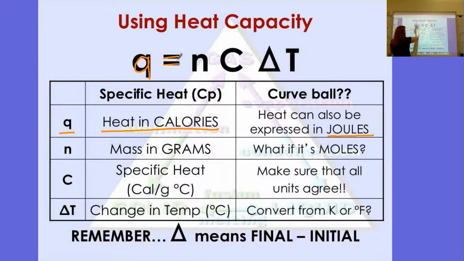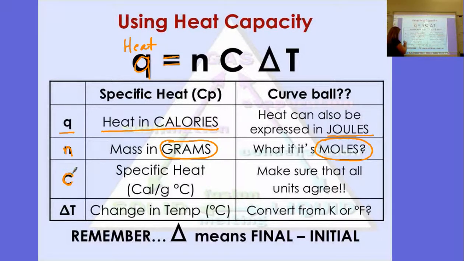And Q, or the heat, is equal to N. N is the same thing as the last unit. N is the amount. N can be measured in grams or moles. And we know our snowman conversion to convert between grams and moles. So if I give it to you in one and it requires the other, you just do a one-step mole calc to change from grams to moles or moles to grams.